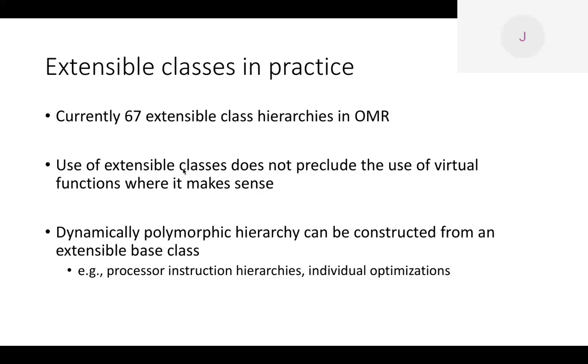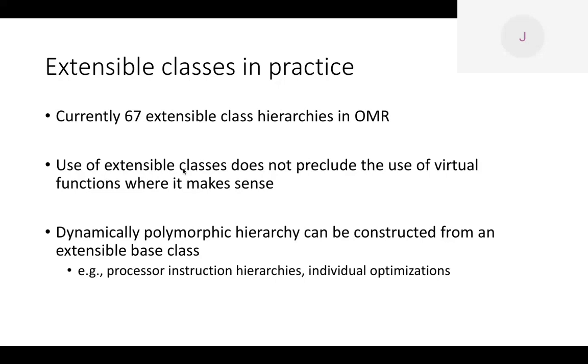If you do decide to make an extensible class hierarchy, that doesn't mean that you can't use virtual functions. There are good uses of virtual; you can mix the two, static polymorphism and dynamic polymorphism. In some cases you can provide a common base class, which is defined by static polymorphism, but then you can create a dynamically polymorphic hierarchy from that.